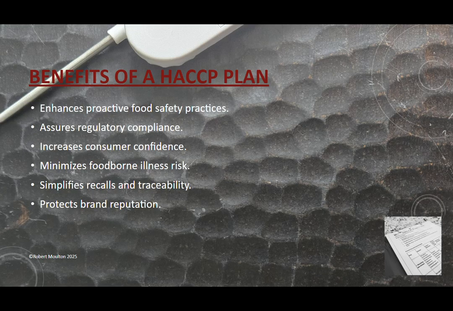It can also increase customer and stakeholder confidence in the company as they start to rely on the safety and reliability of your product and your procedures. And really at its foundation, it helps to minimize the risk of foodborne illnesses, protects the brand reputation, and simplifies the process of conducting recalls and ensuring product traceability.